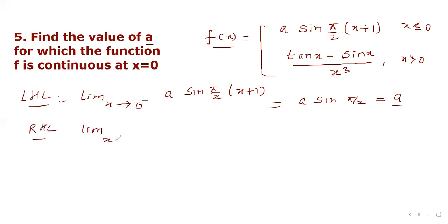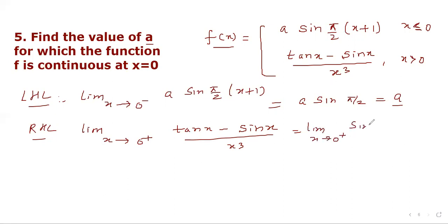Limit x tends to 0 plus. We write this function tan x minus sine x divided by x cube. So what we do, we take out sine x from here. Tan x equal to sine x upon cos x. Sine x can be taken common. So limit x tends to 0 plus, we take sine x common, 1 upon cos x minus 1, divided by x cube.